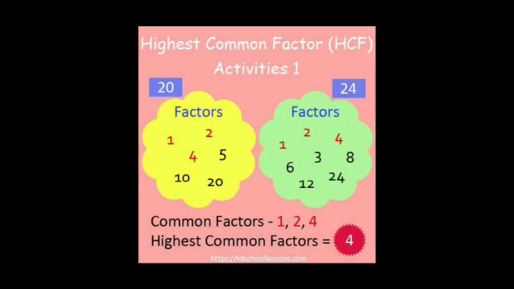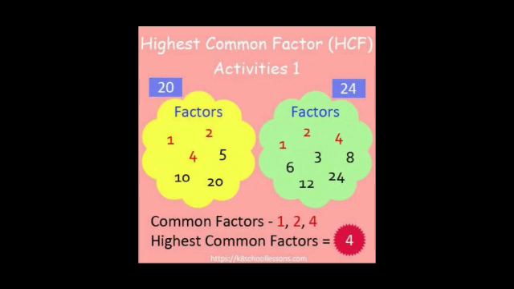So, our first topic is highest common factor. Isn't it? What are the factors of 20? 1, 2, 4, 5, 10, 20. Similarly, factors of 24 are 1, 2, 3, 4, 6, 8, 12 and 24.